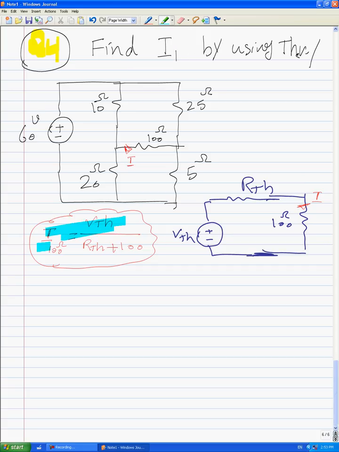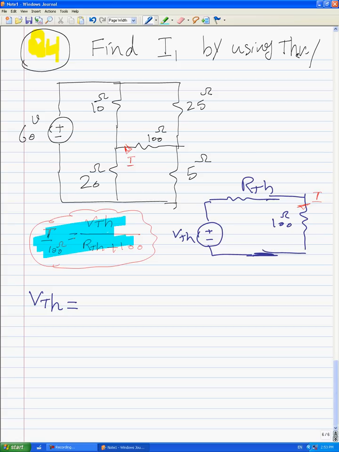Again, in order to find out this current, which is discussed in the question, we should find out VTH and RTH. If we can find RTH and VTH, immediately using this equation, we can find out the current for 100 ohms. Now, we want to find out VTH or Thevenin voltage for this circuit, and later on RTH or equivalent resistance.